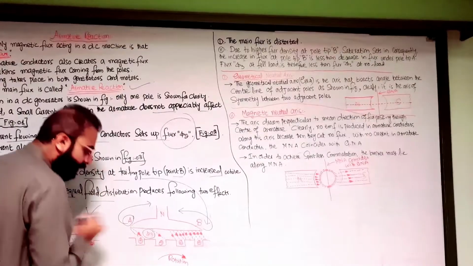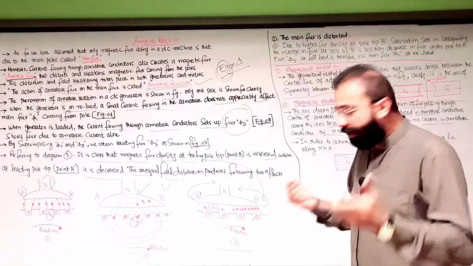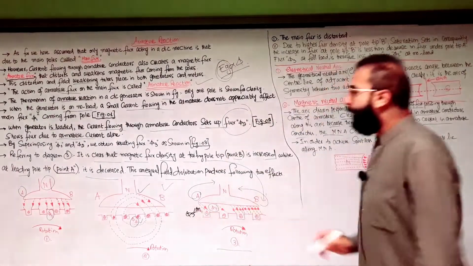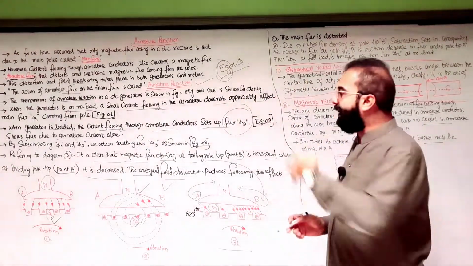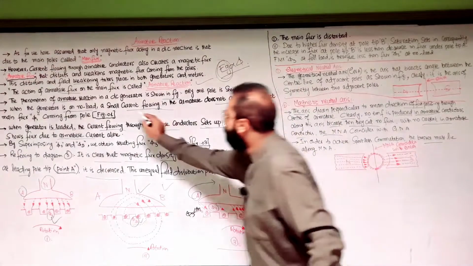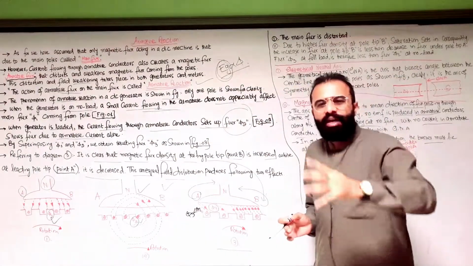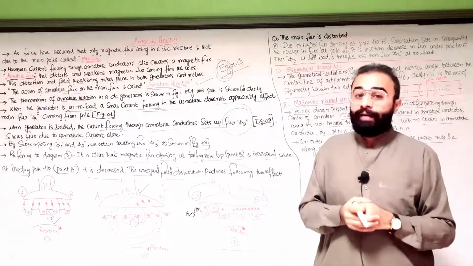Now compare this phi 3 with phi 1, and we can conclude that phi 3 is less than phi 1. This phi 1 is the flux produced when the generator is at no load, where a small amount of current flowing in the armature does not appreciably affect the main flux. So this was the armature reaction.